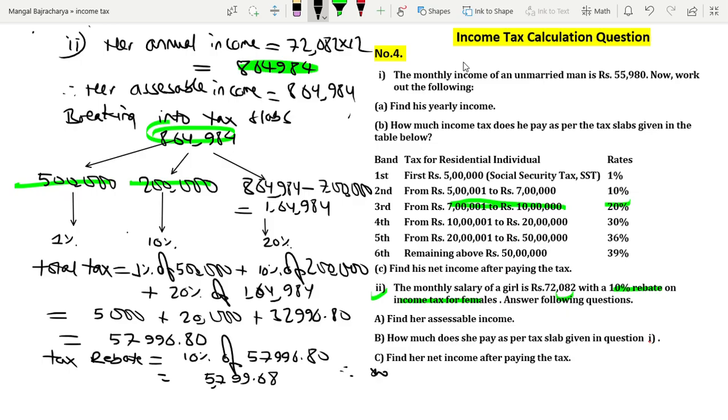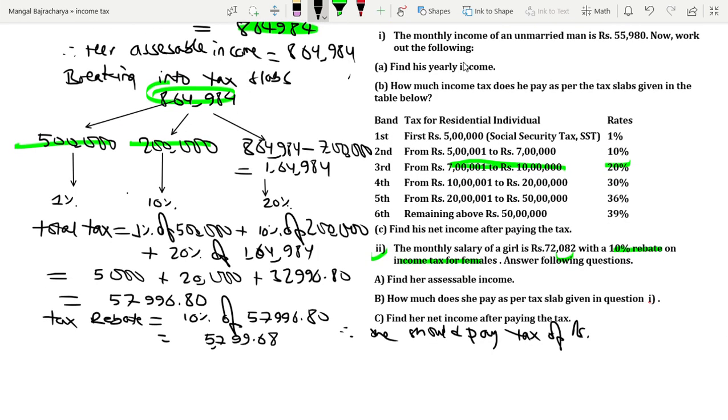Therefore she should pay tax of, so 57,996.80 is the total amount of tax to be paid, and she is getting a 10% discount.